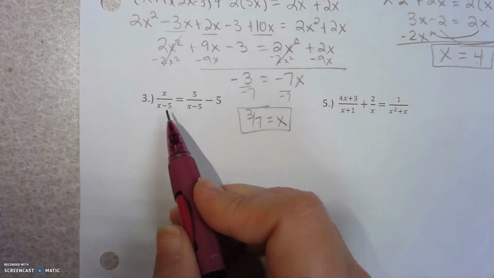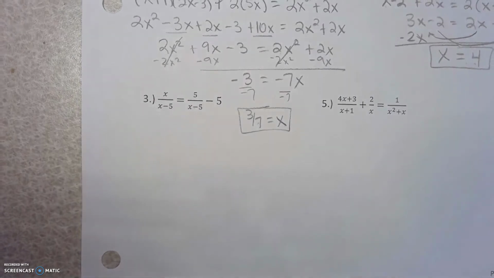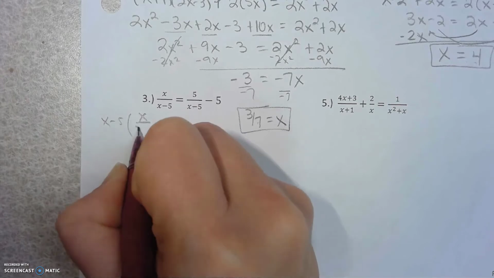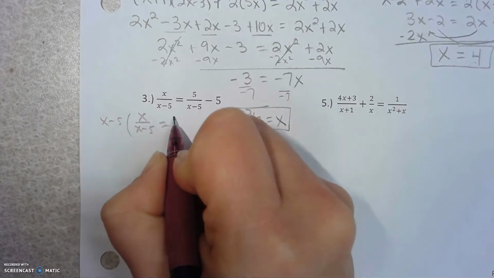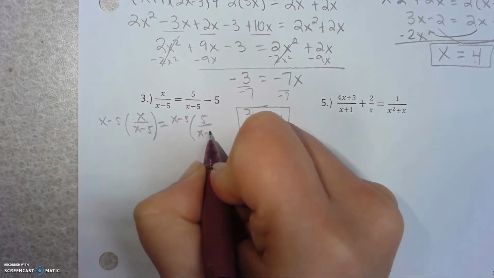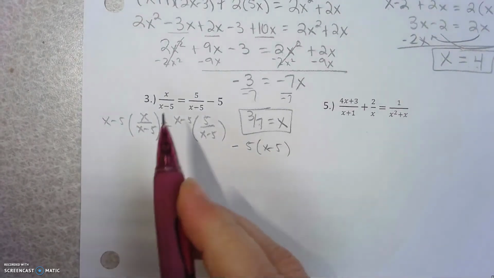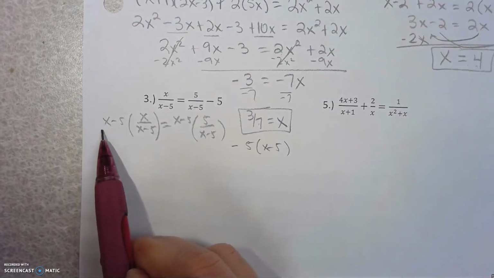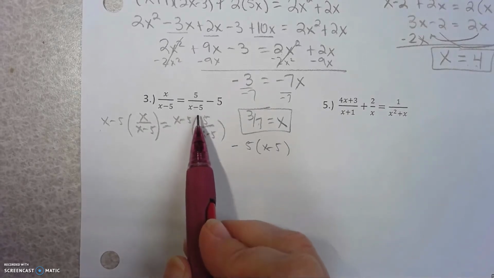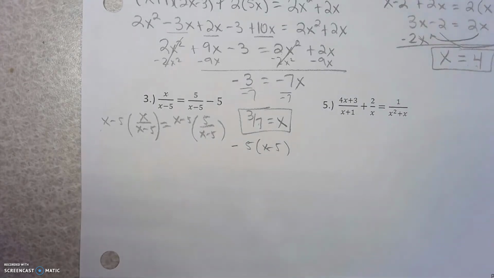Alright, looking at number 3, we have x minus 5 as our denominator, which we need to go away. So I'm going to multiply by x minus 5 on every term in the equation. So x over x minus 5 got multiplied by my denominator. X minus 5 was multiplied by 5 over x minus 5, and my negative 5 also was multiplied by x minus 5.